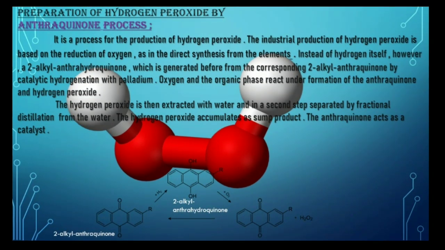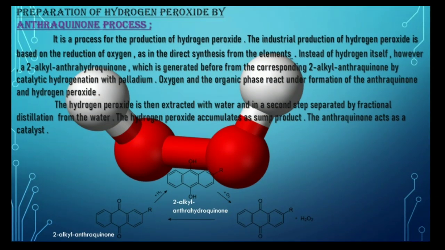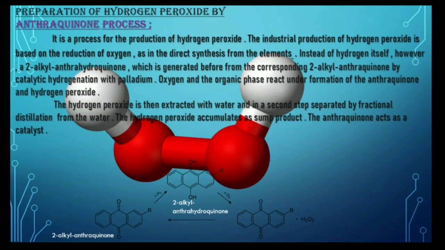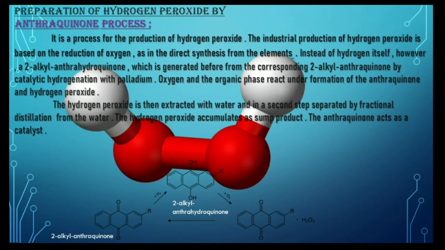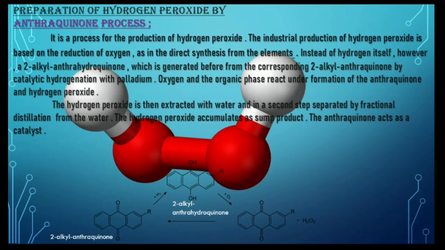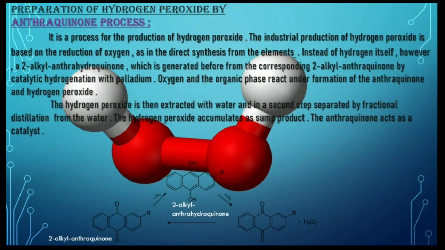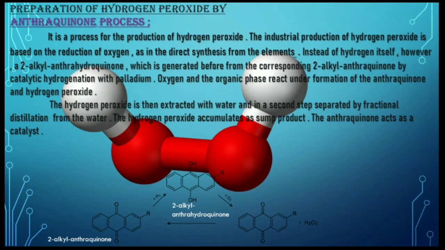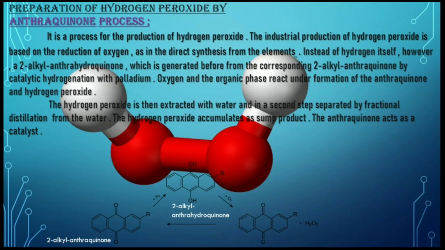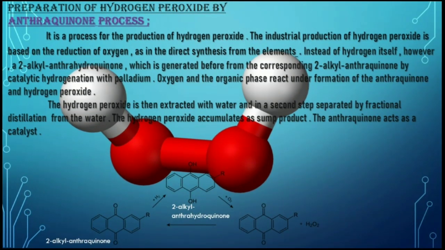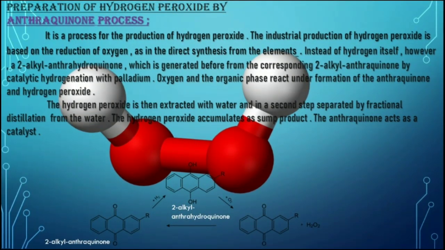Oxygen and the organic phase react under the formation of the anthraquinone and hydrogen peroxide. The hydrogen peroxide is then extracted with water and in a second step separated by fractional distillation from the water. The hydrogen peroxide accumulates as a sump product. The role of the anthraquinone here is the catalyst.